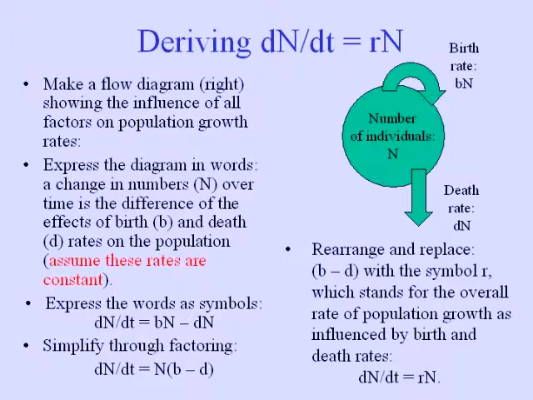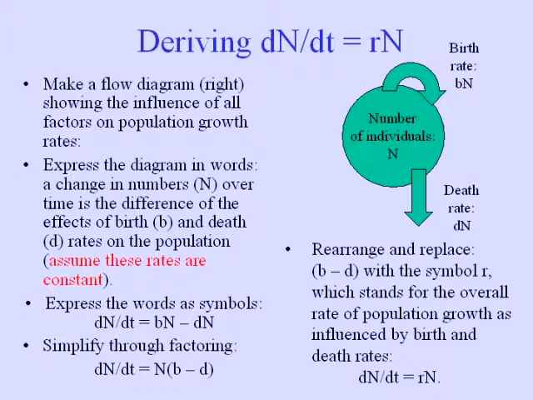So in our big circle, we have the number of individuals in our population. And the number of individuals gets greater as a consequence of birth rates, which is symbolically b times N. And the number gets smaller as a consequence of death rates, which we can write symbolically as d times N.